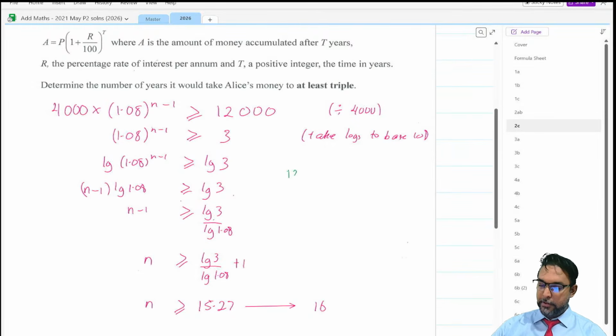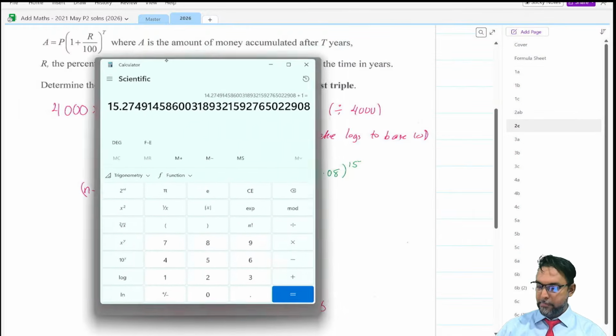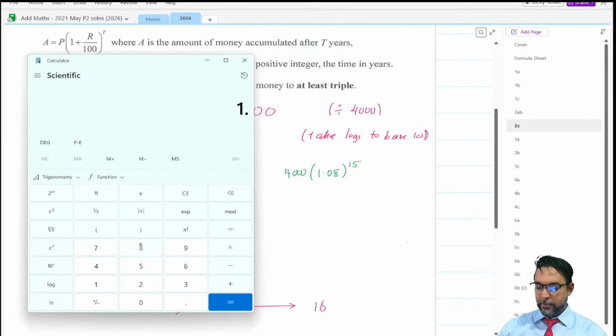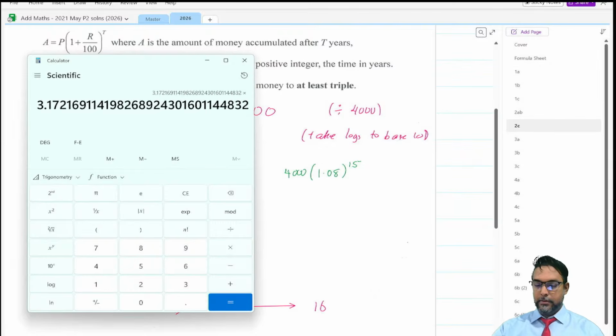So hold on, it's 4,000 you were starting with, right? So 4,000 by 1.08 to the 15. Let's see how much money is in the account at that point. So 1.08 to the 15. Yeah, 3.17.